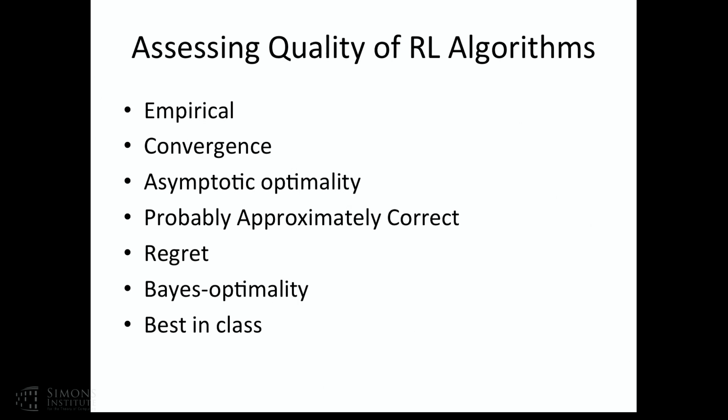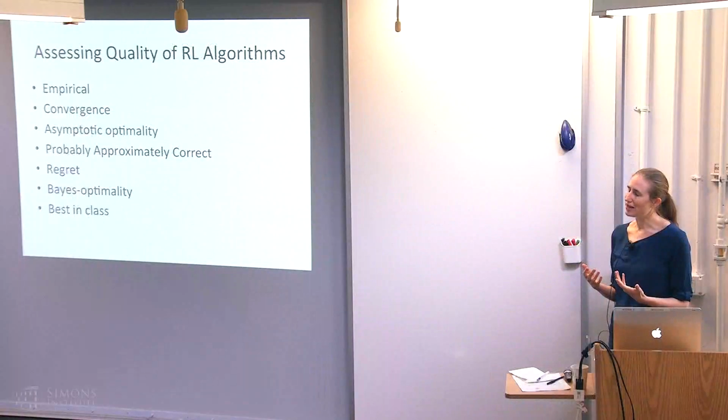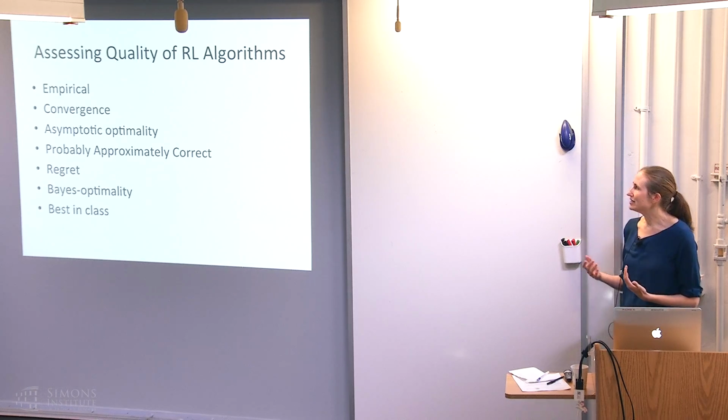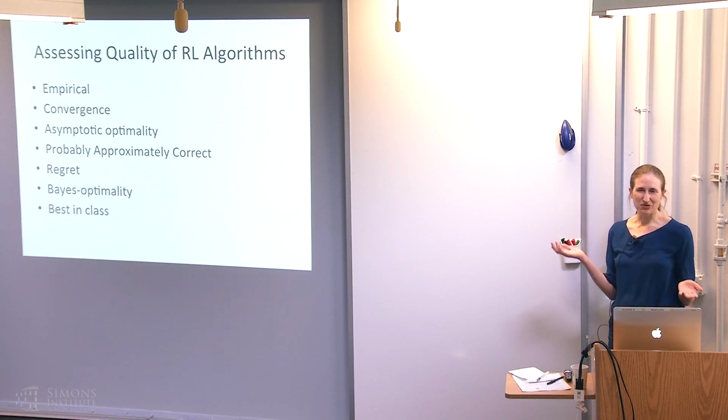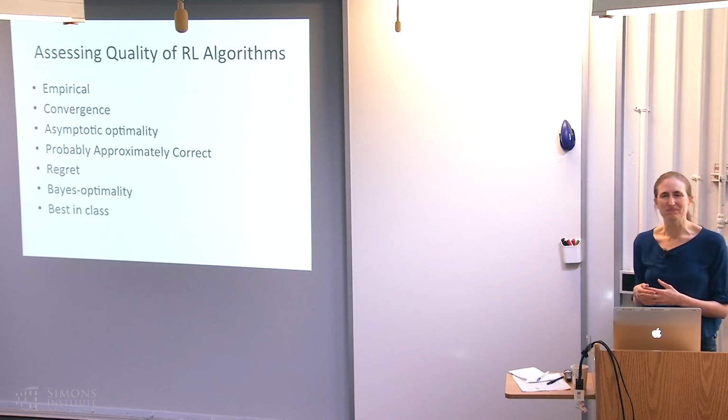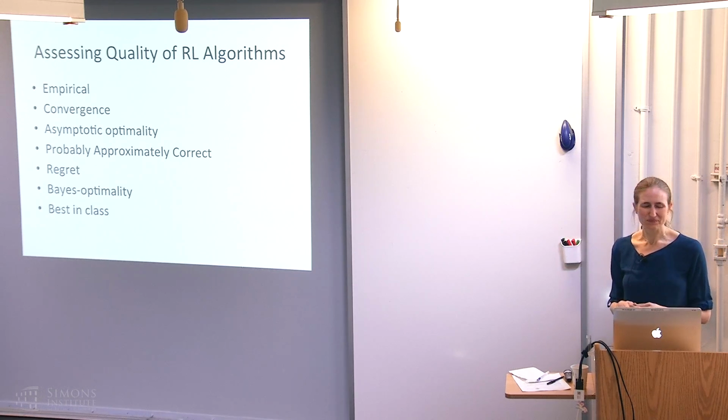Are you going to have a single estimate of the Q function in all of the states and actions? That's actually not trivial, because depending on how we're representing the domain, that's not always the case. So we could end up oscillating, and that was something that was noticed in the 90s. So convergence itself is not always trivial, and where you will converge to, even if you're guaranteed to converge, it may just be a local optimum.